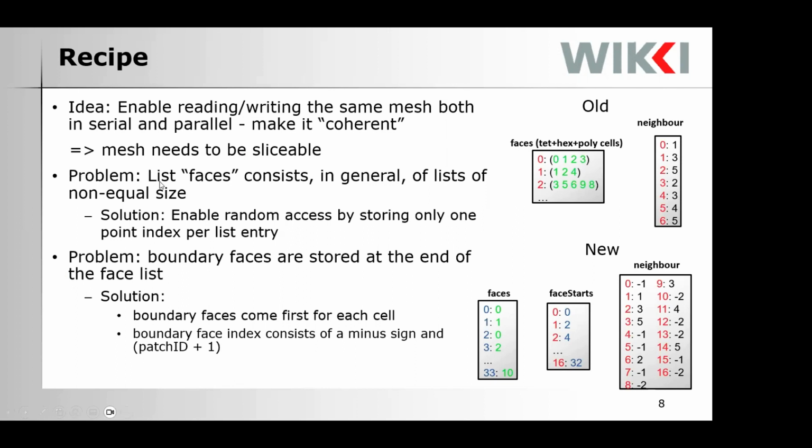to achieve this goal? First of all is this faces list. If you look into this list, you will see that if you have some cells, not only hexahedra but a mix, right? So an unstructured grid, you will have lists of different lengths.